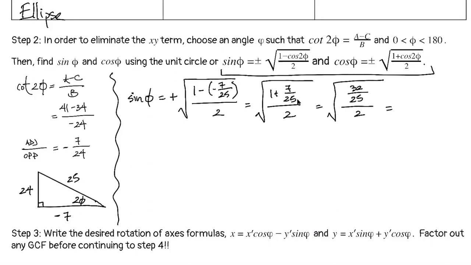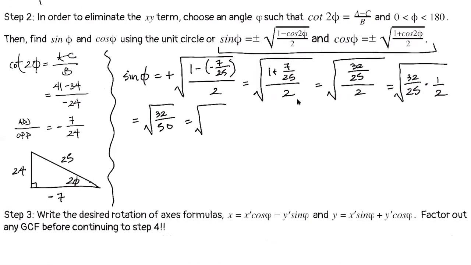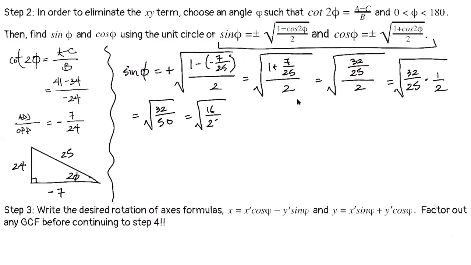This is the same thing as saying 32 over 25 times 1/2, which gives me 32 over 50. Let's reduce that. We get 16 over 25. And that works out really nice because the square root of 16 is 4 and the square root of 25 is 5.